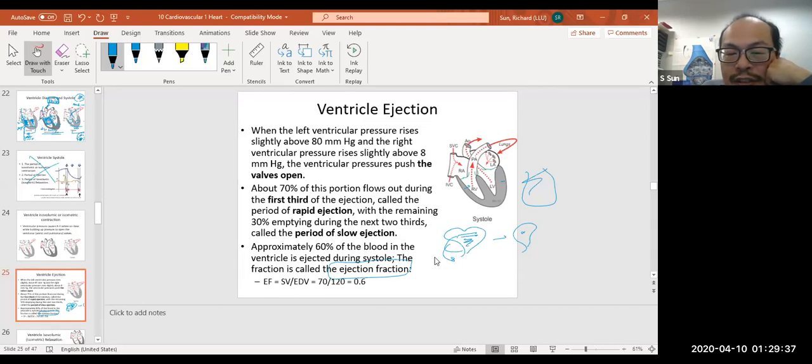It will eject only a portion of it. The end of the filling is called the end diastolic volume. It will eject about 60% of the blood out, and that gives the heart some range, so that if we need to eject more, the heart has the capacity of doing that.